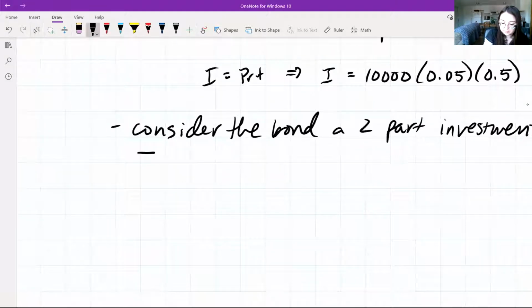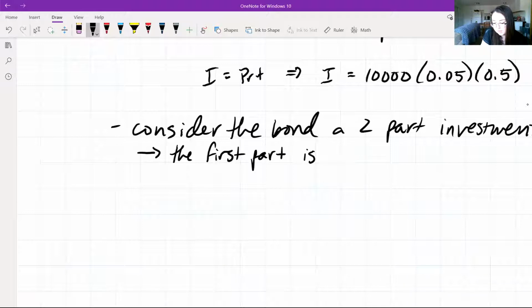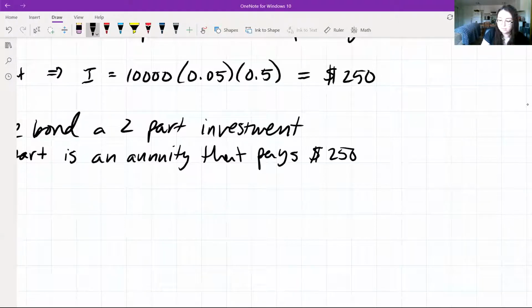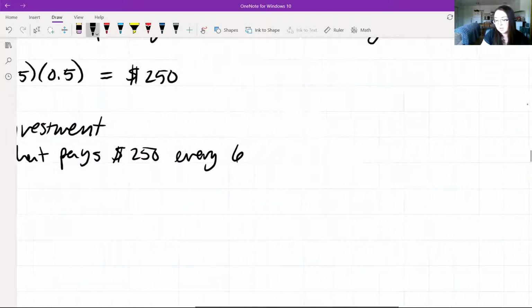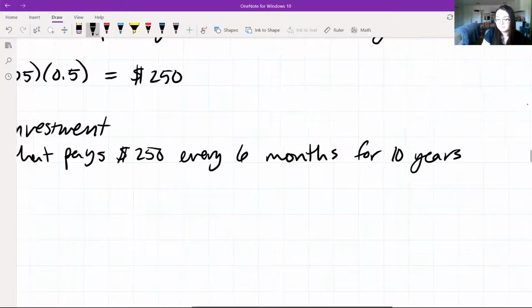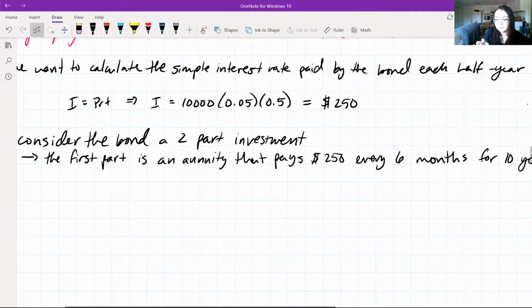So we'd say the first part is going to be an annuity that pays $250 every 6 months for 10 years. All right, so the first part is just going to be the annuity that pays $250 every 6 months for 10 years. So what we've been doing.